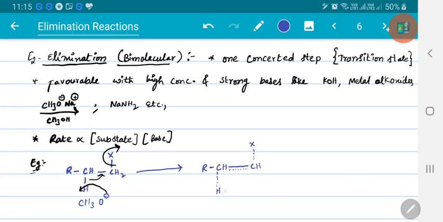Here this H will get a partial positive charge, and this will get a partial negative charge, because here H plus is trying to leave when the base is approaching. Here the base is CH3O minus. So when this base is approaching, this is the intermediate state.